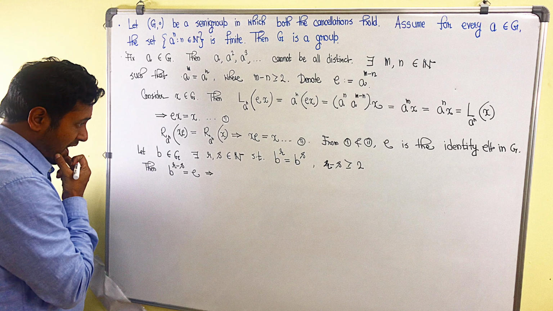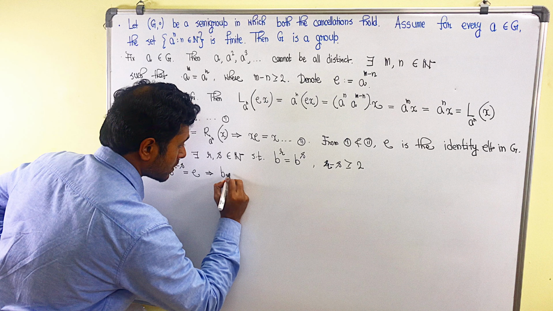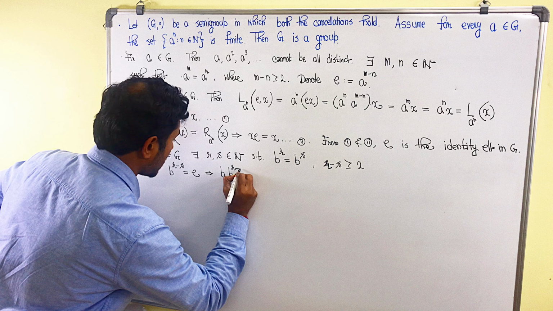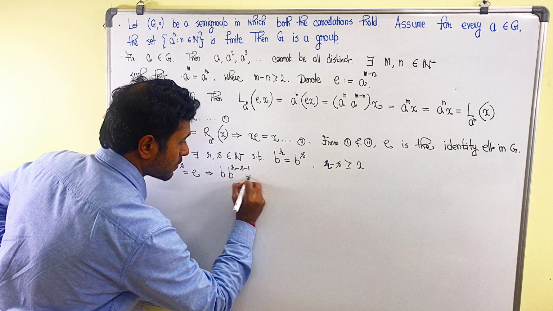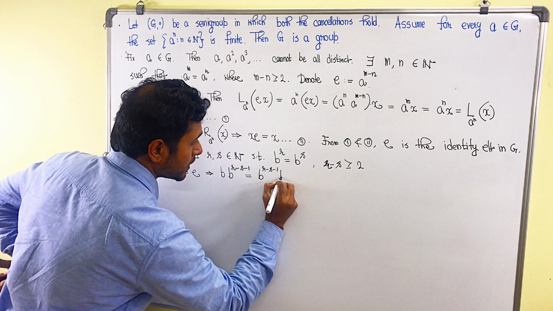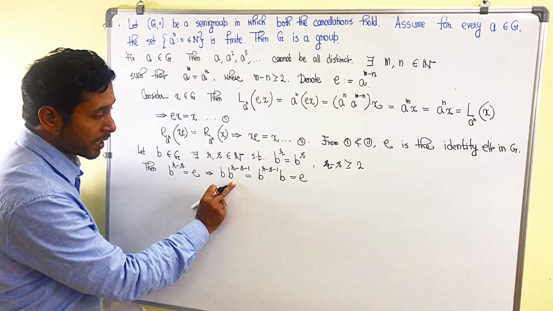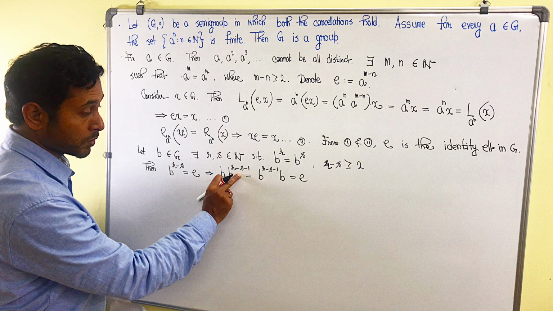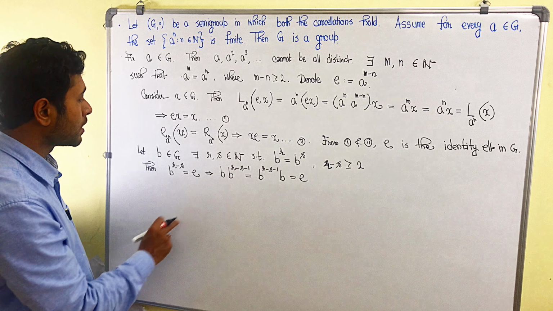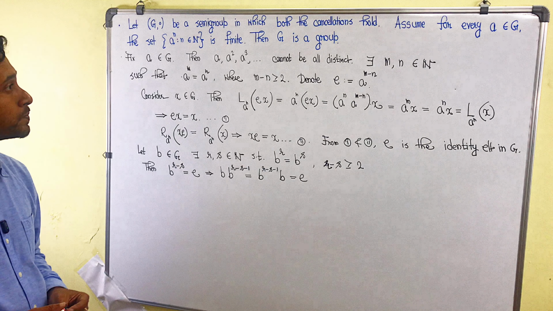So b to the power r minus s equals E would imply b times b to the power r minus s minus 1 equals identity, but we can also write it the other way, b to the power r minus s minus 1 times b equals identity, which means this element b to the power r minus s minus 1, which is a positive integer power, is an element of G, and is the inverse of b. And since b is an arbitrary element, every element in G is invertible, and hence it is a group.